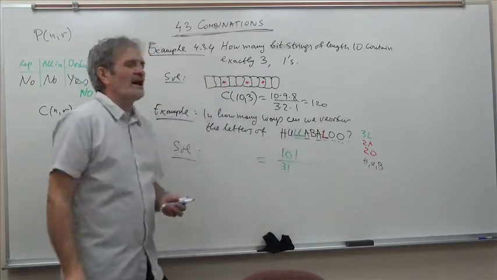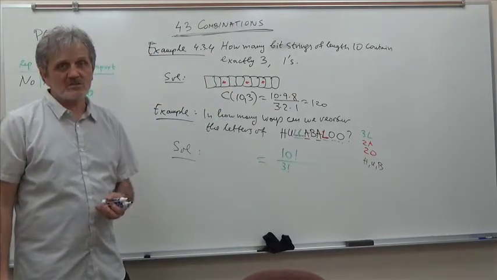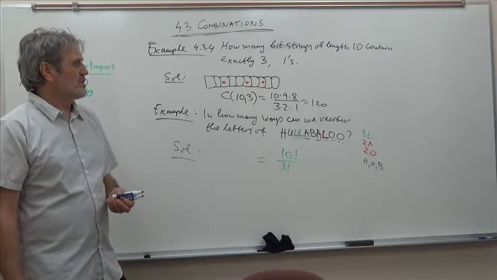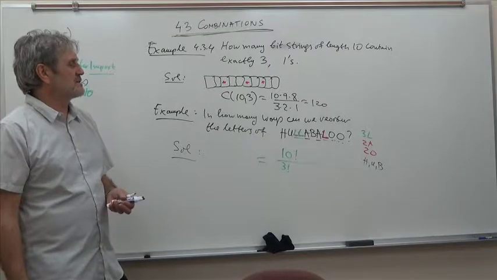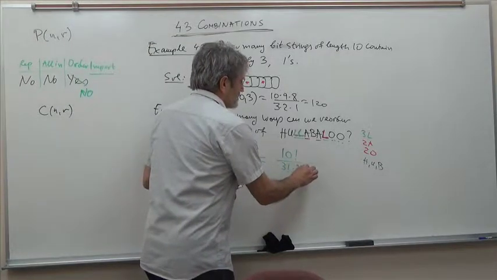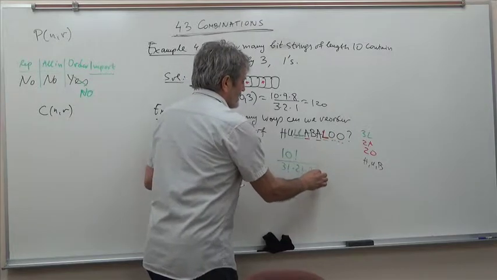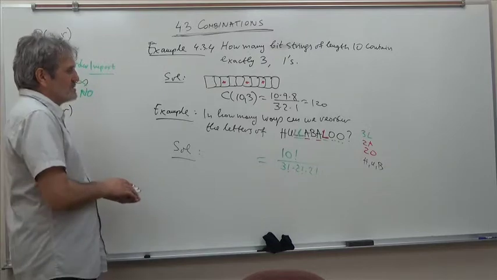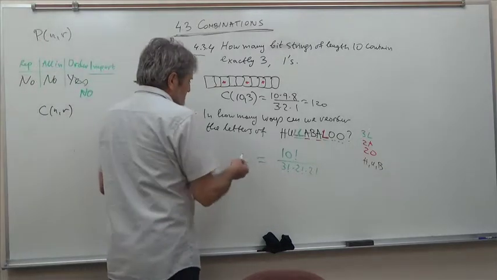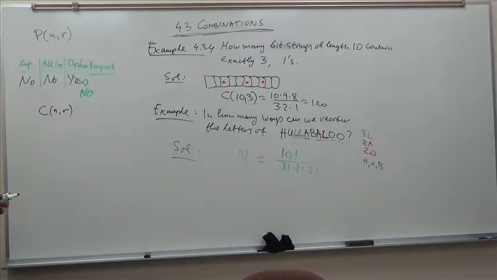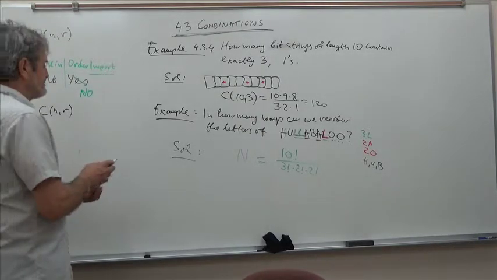So I have to divide, because I have 6 repetitions of each word because of different ways I shuffle the L's. The same thing for the O's, so times 2 factorial. The same thing for the A's, 2 factorial. That's it. And that's a number. To have a complete sentence, here's the theorem.